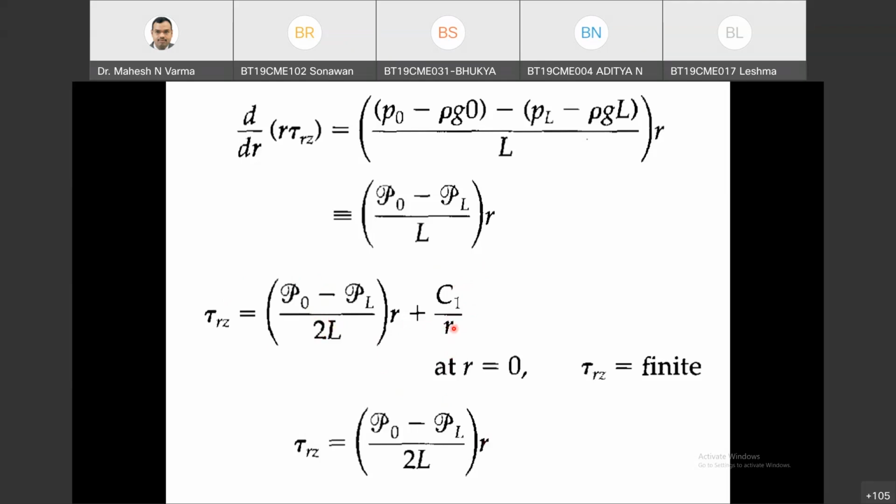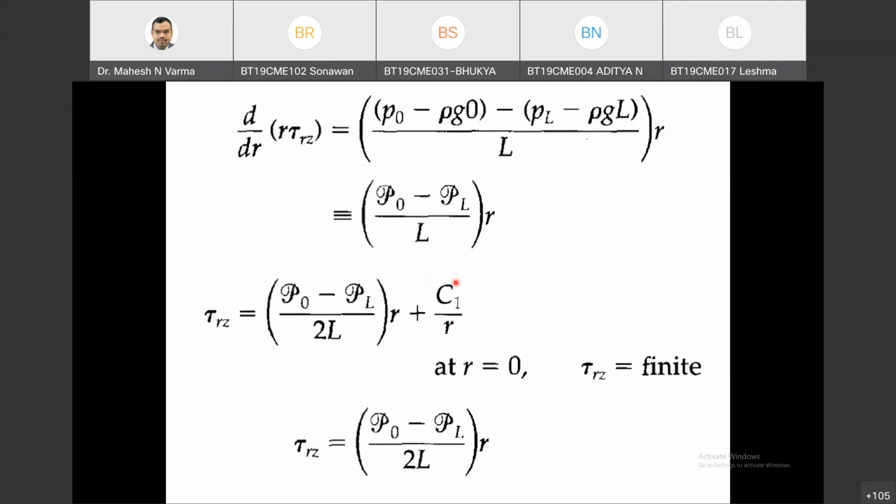So at R equals 0, I will get tau rz equal to undefined. That will not be there with any physical measurable property. A physical measurable property cannot have an undefined value at any corner of my system. That is happening with this term at R equals 0. Hence, this term should not be there.